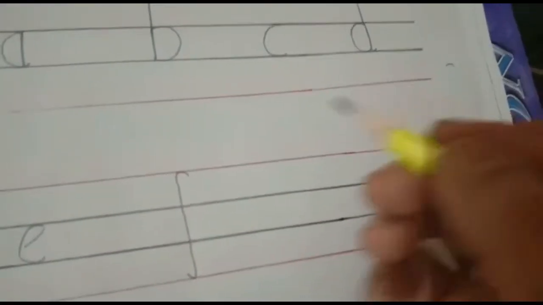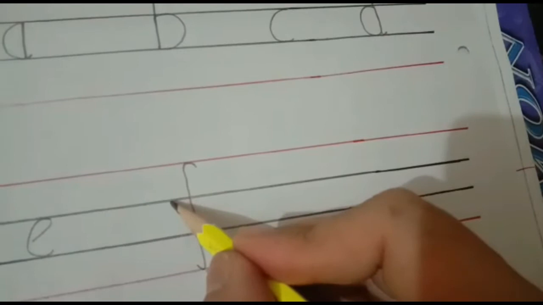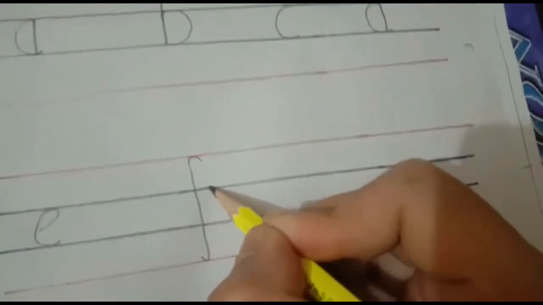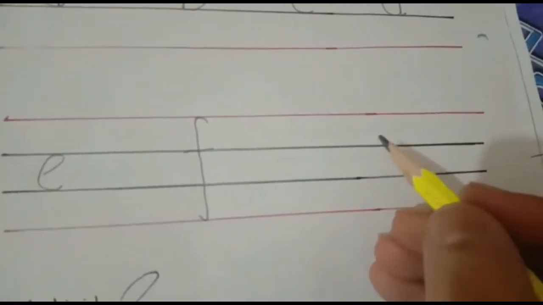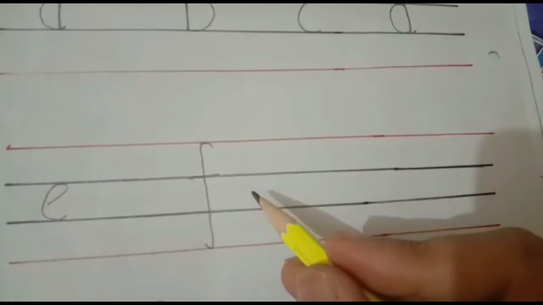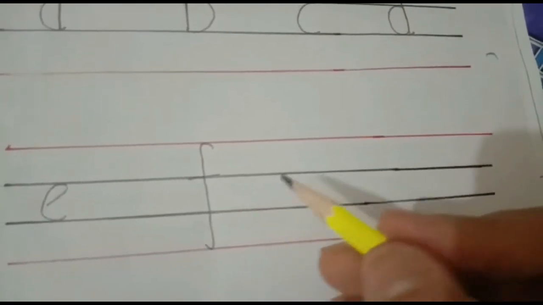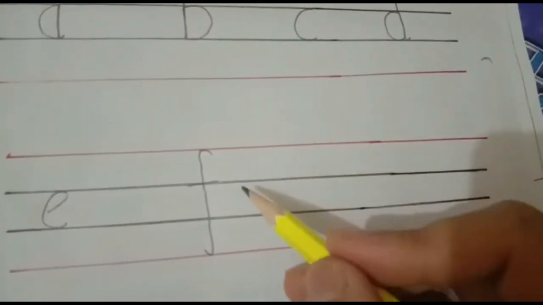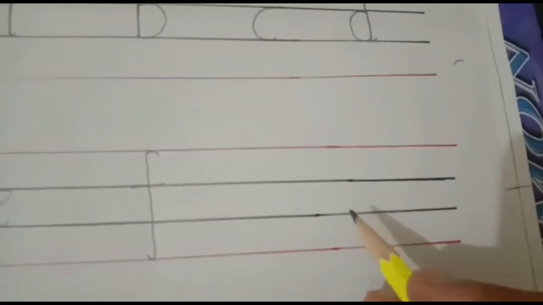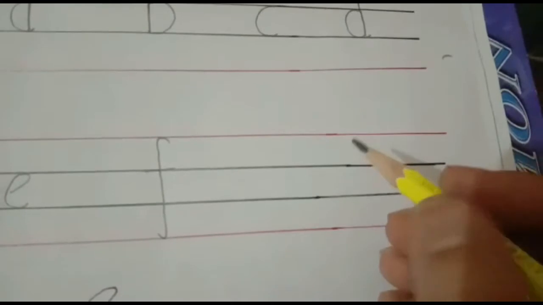Yes, and now I will put a slipping line on the middle line. Yes, this is small f, and the sound of this letter is F, F, F. It should be in 4 lines, top to lower.